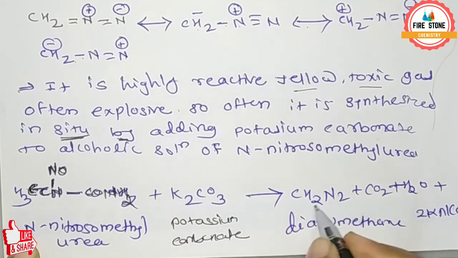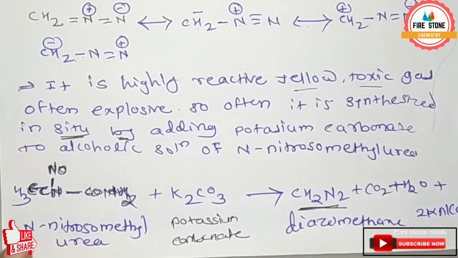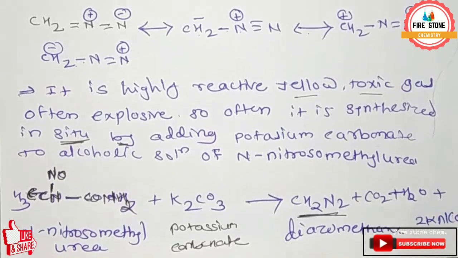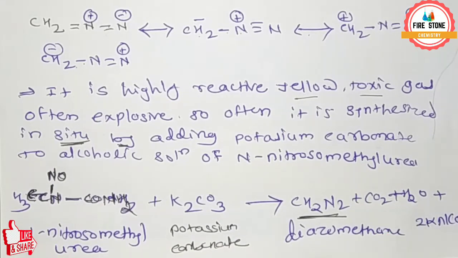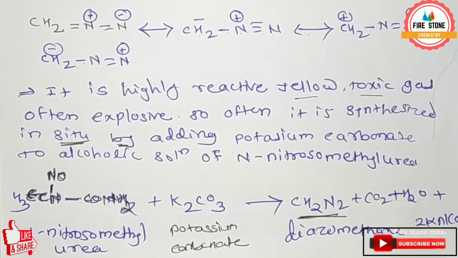So we get CH2N2, that is diazomethane, plus CO2 plus H2O plus twice KNCO. So this is again one of the methods of preparation of diazomethane.